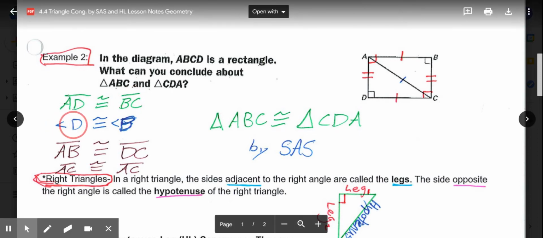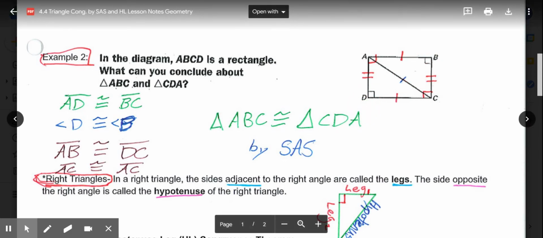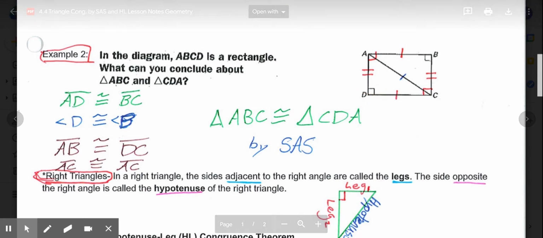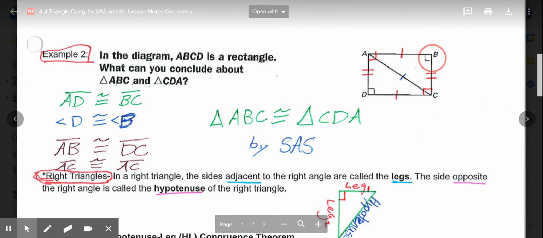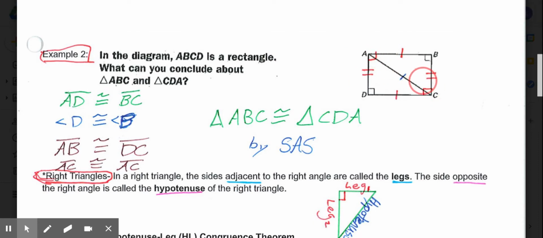I also know angle D is congruent to angle B. Both are right angles. And we also know that AB is congruent to DC. So AD and DC meet at the included angle of D, and AB and CB meet at the included angle of B. I don't even care that side AC is congruent to itself, unless I was using side, side, side, then that would work.